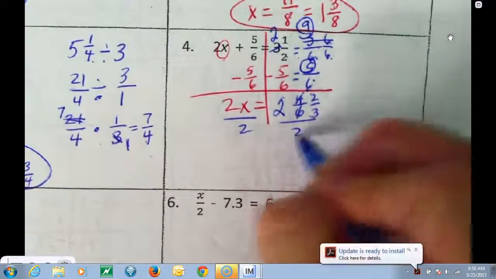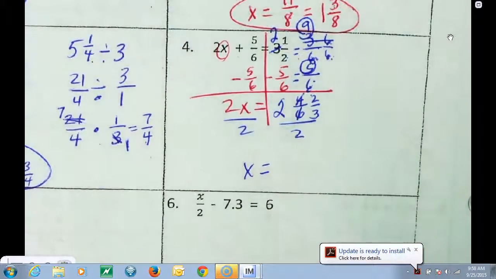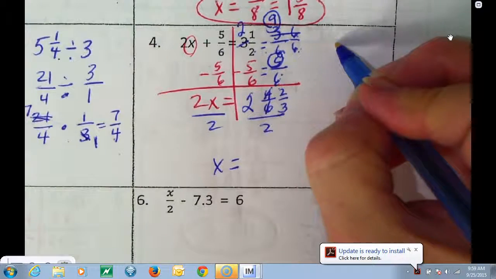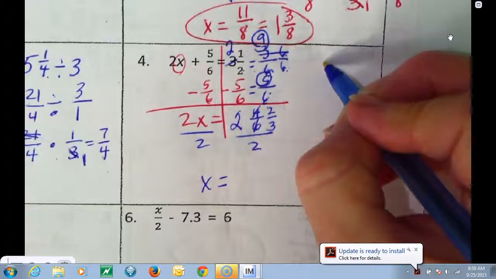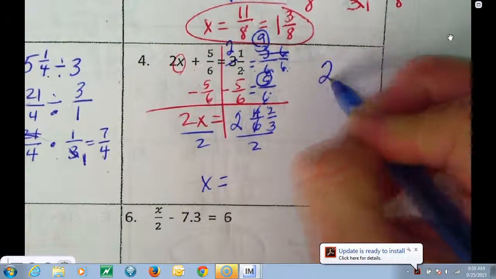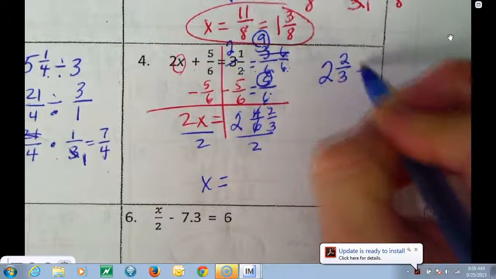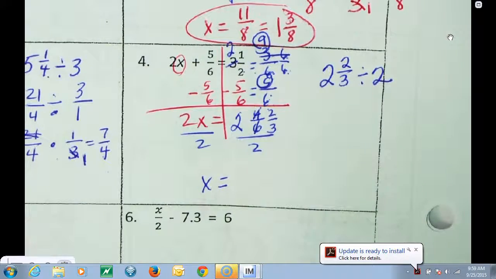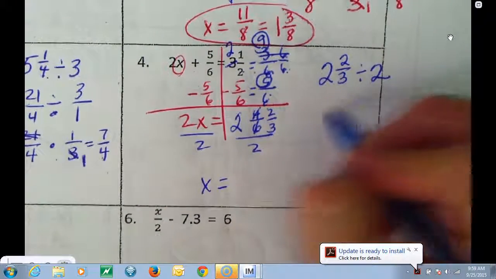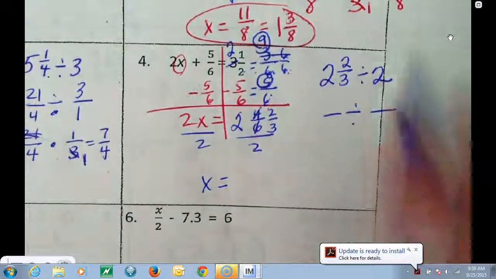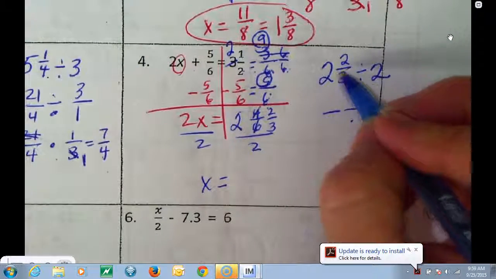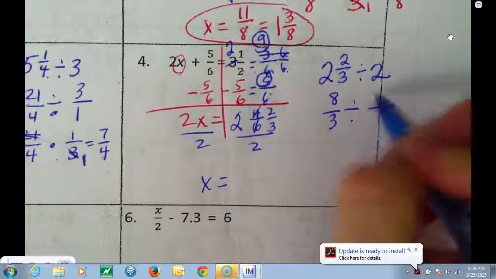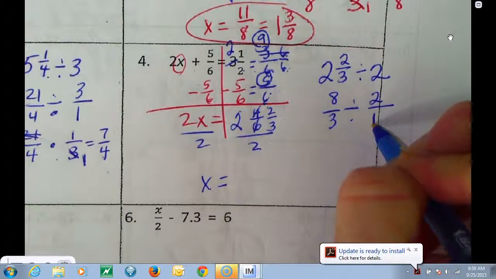And we're going to divide by 2. We're not doing the decimals. No decimal yet. I'm showing my work. 2 2/3 divided by 2. What am I going to do? Put them both in fraction form first. So that's 8/3 divided by 2 over 1.